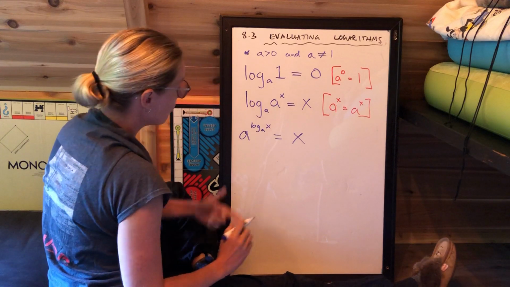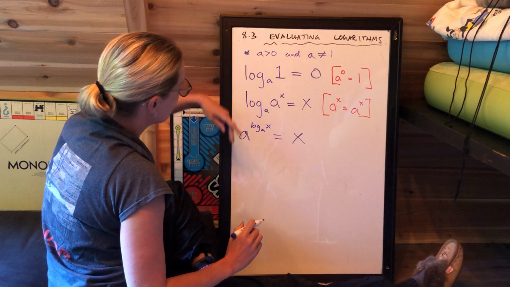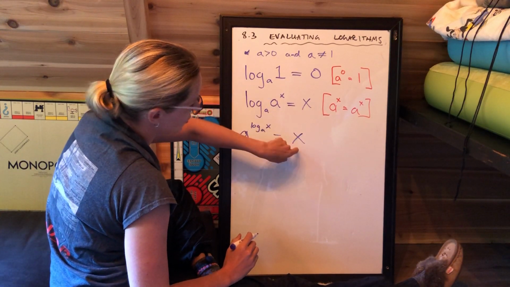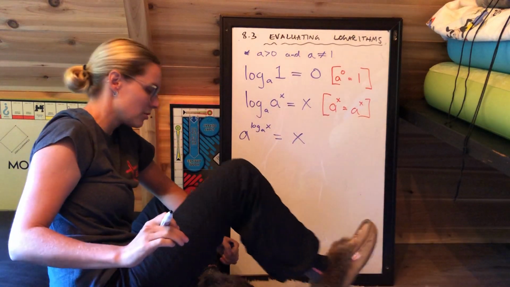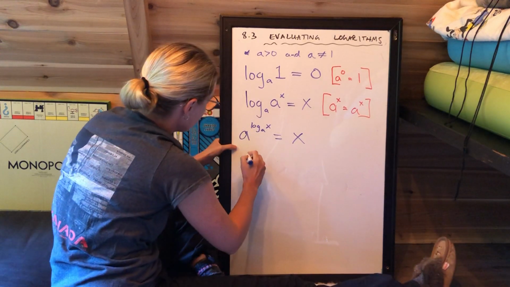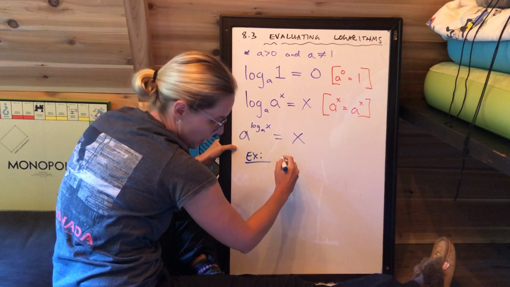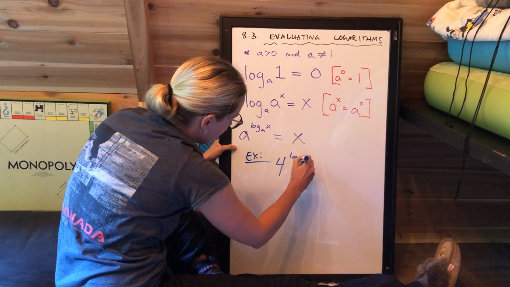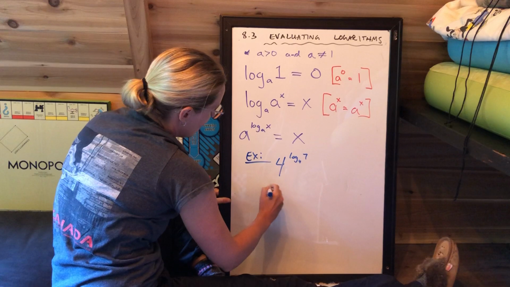There's a proof there for you if you want to see it proved, but basically you just need to be able to recognize these scenarios and know how to evaluate them, in terms of, is their answer x, is their answer 0. There was one example listed here, and only one. If I had 4 to the log 7, what would that be equivalent to?